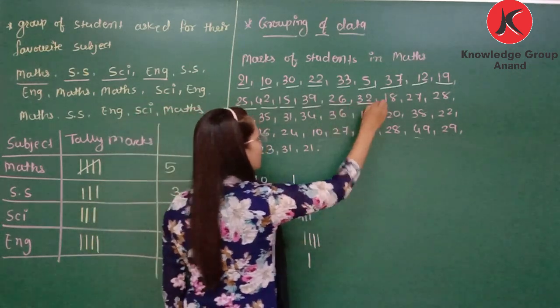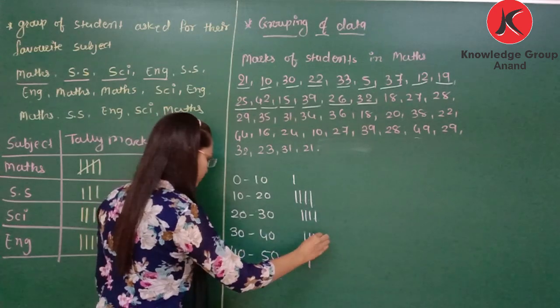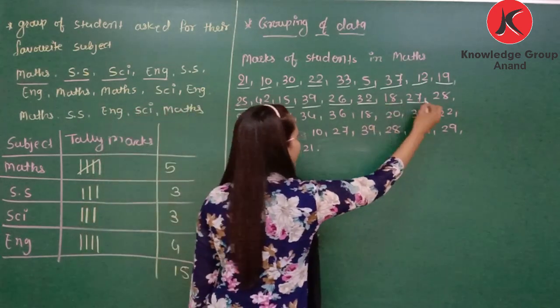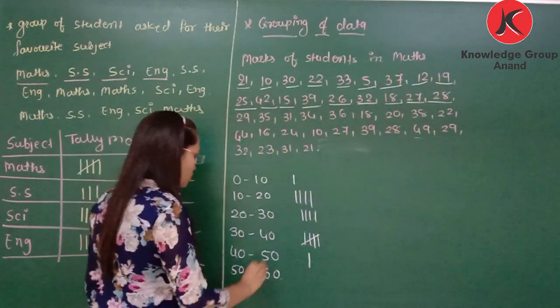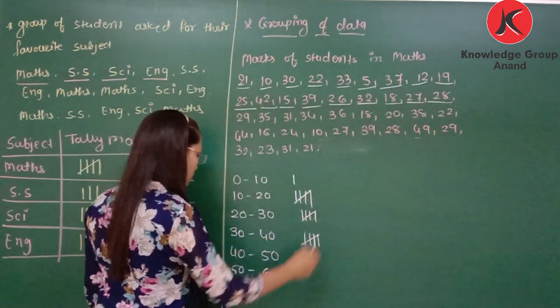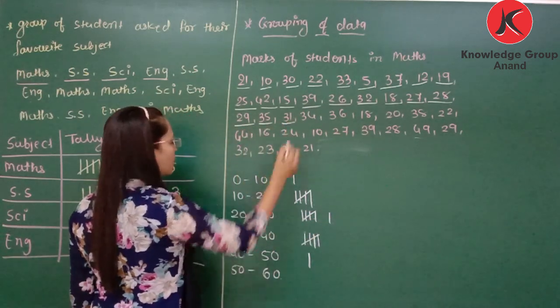Then 26, 32. Here we need to make a group of 5. 18, 27, 28, so 18, 27 and 28. 29, 35, 31.